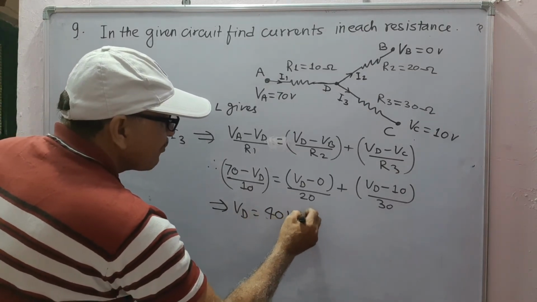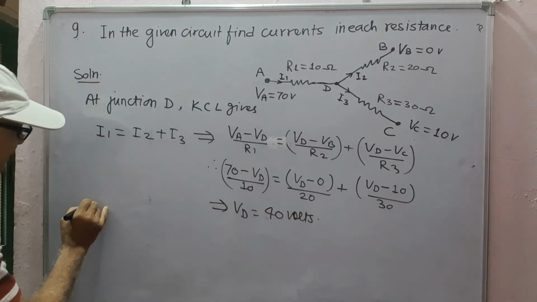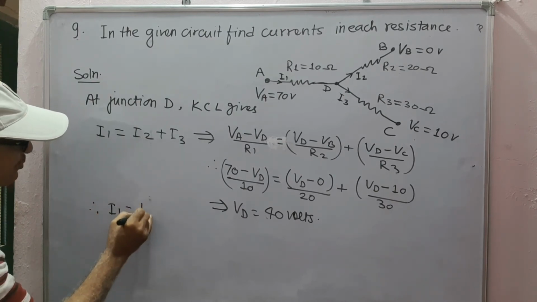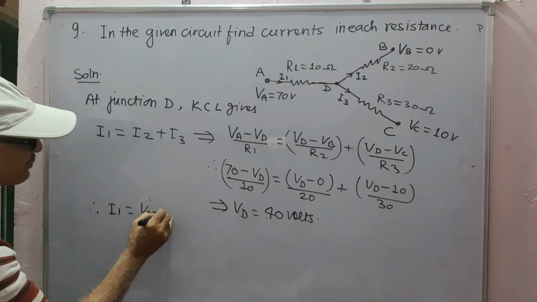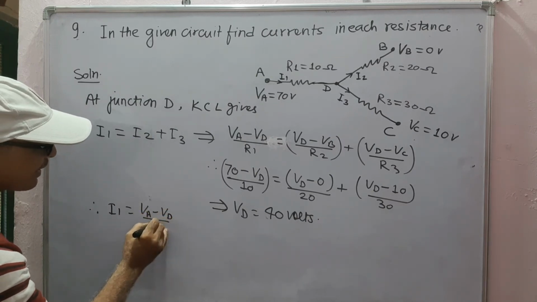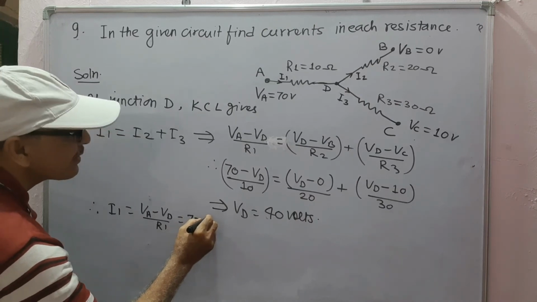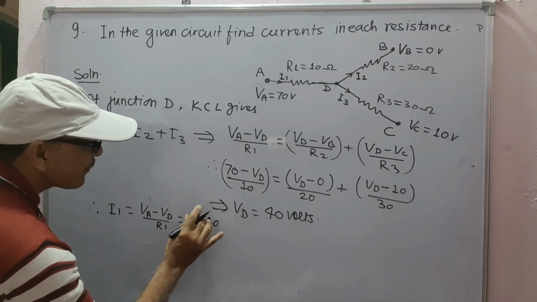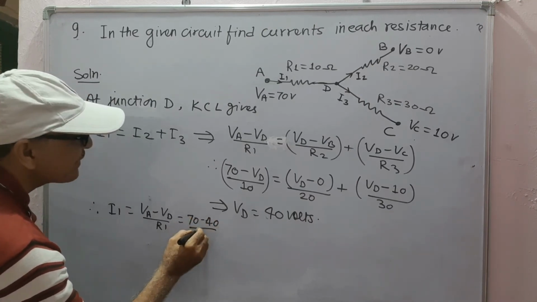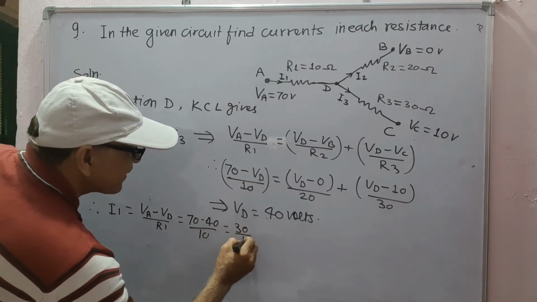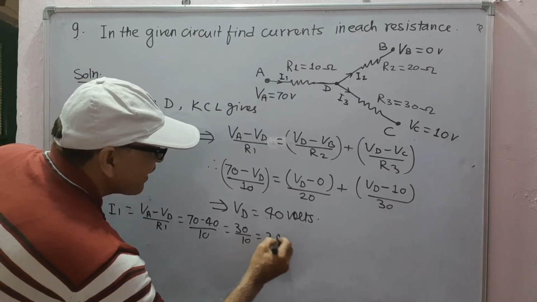Therefore I1 will be equal to VA minus VD upon R1, means 70 minus 40 upon 10. 30 upon 10 means 3 ampere.